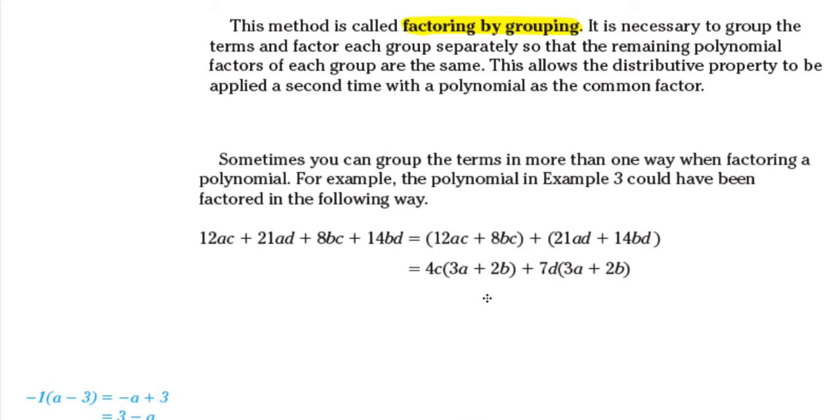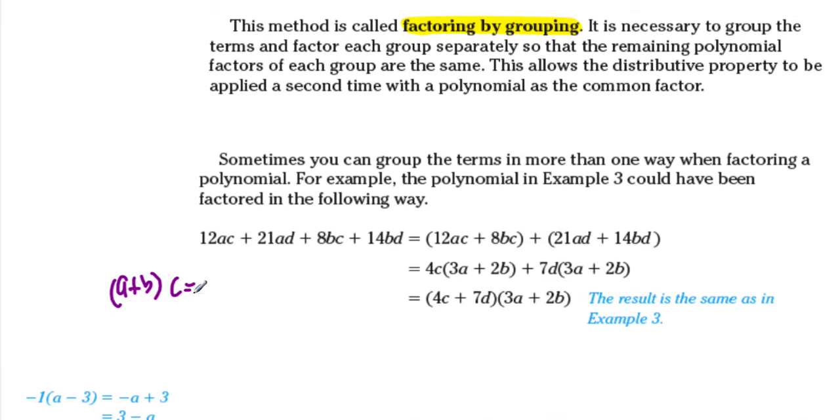And using the distributive property again, we now have 4c plus 7d times 3a plus 2b. Again, I know this is new for you, so we'll go back to the distributive property, which is a plus b times c is equal to ac plus bc.